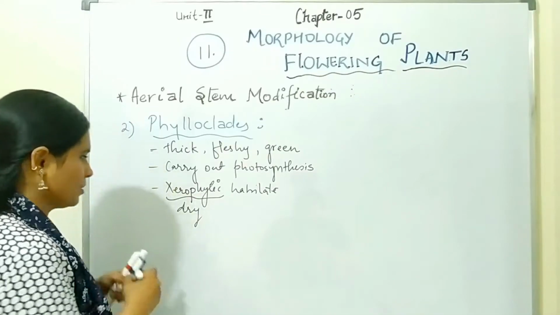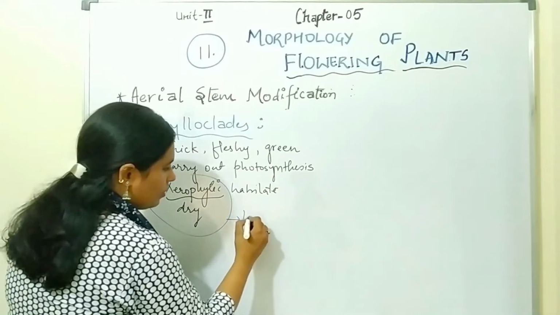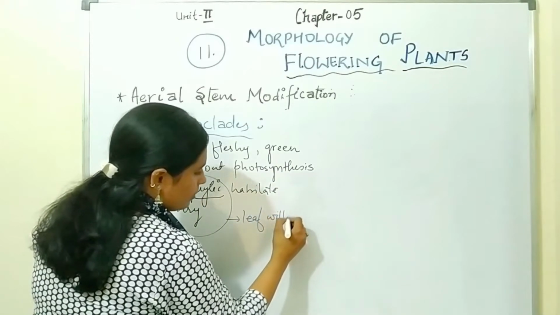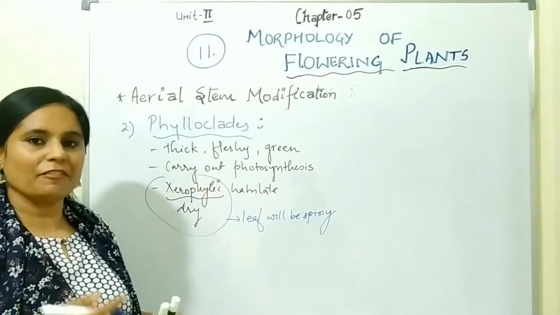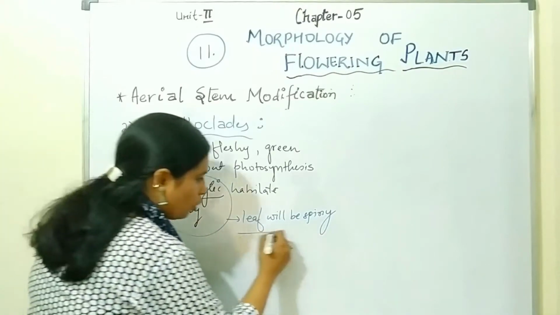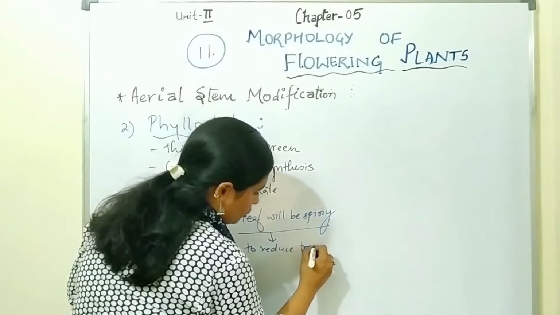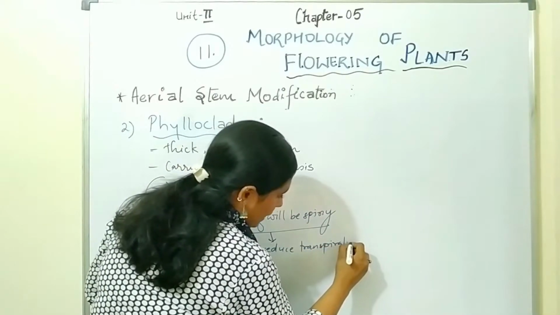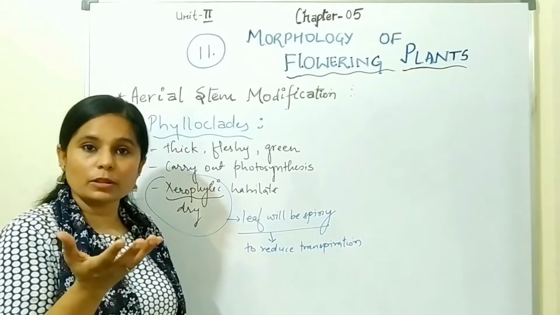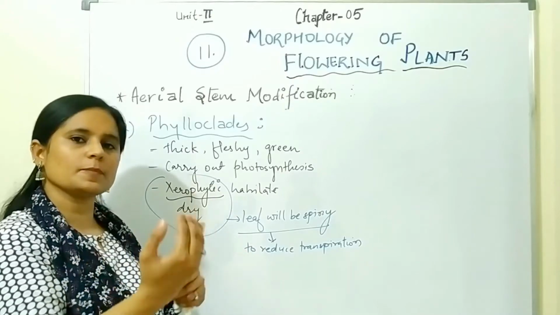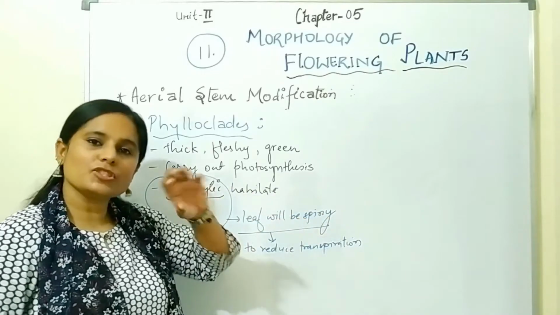In such cases the leaf will be spiny. The leaf takes the modification of spines to reduce transpiration. Due to the water scarcity, if the leaf were proper, with a broad blade, transpiration would be higher. So to reduce transpiration the leaf has changed into spines.